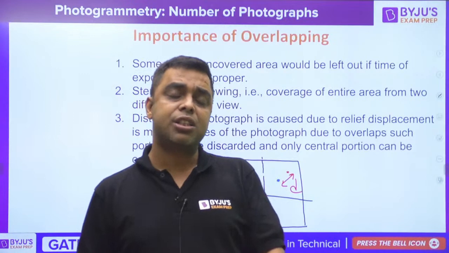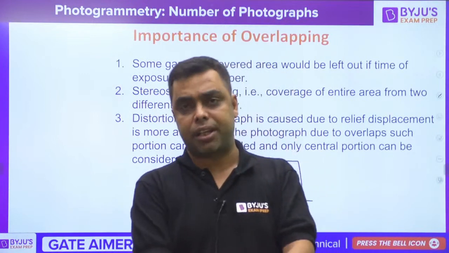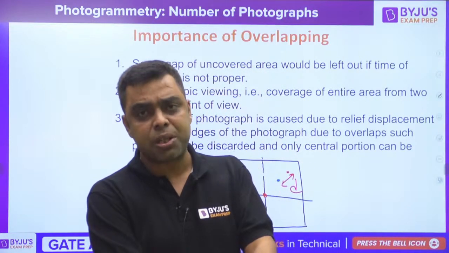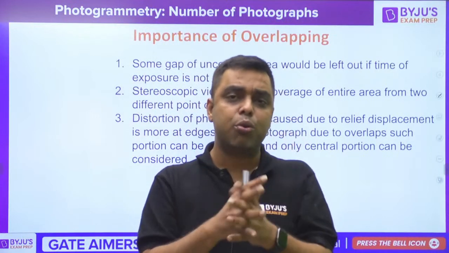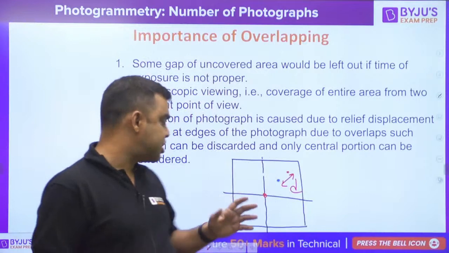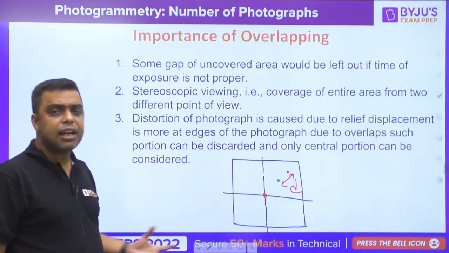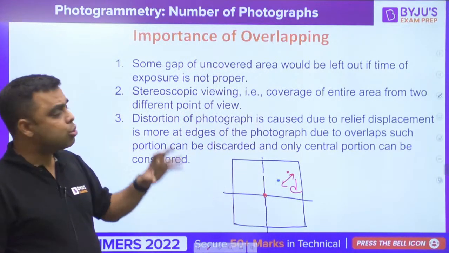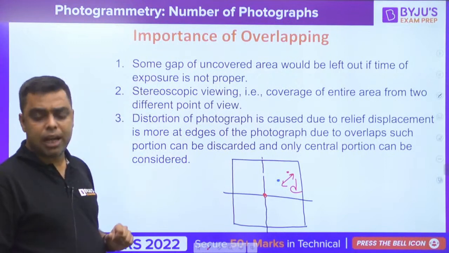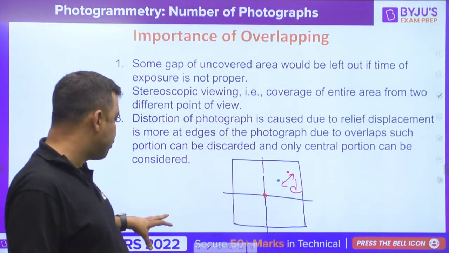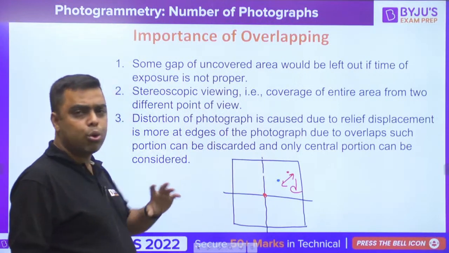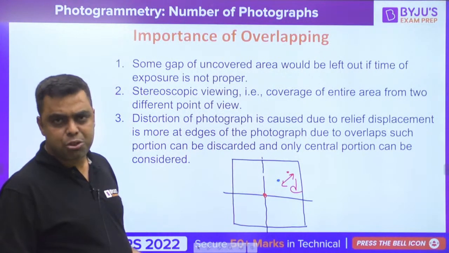That gives us a wrong perception of the object distance, right? So what we can do is take the photograph of the central region and neglect the photograph of the outer region. That is possible with the help of overlapping. So these are the benefits of overlapping. I have just told you why the overlapping is to be done.